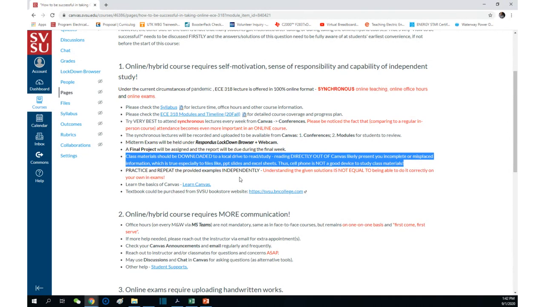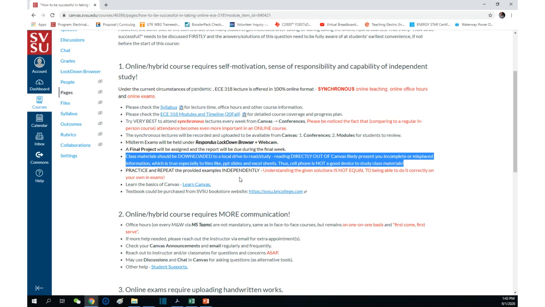Do not use your cell phone to study the course materials. Do not, because the cell phone sometimes cannot correctly open the Excel sheet or PPT files. It happened on iPhone or other operating systems. I was told, so that's why I know. The right way is always to download them to your local drive and open them correctly with your computer's software.